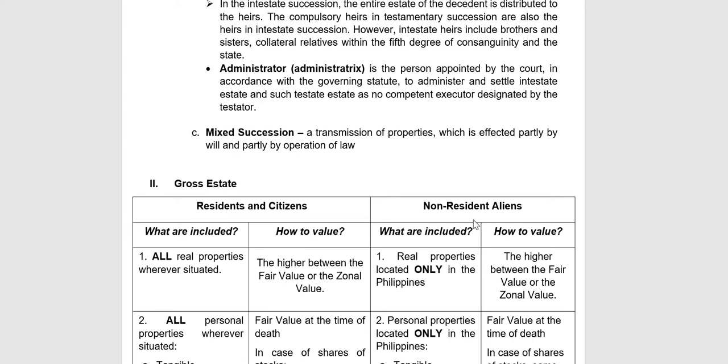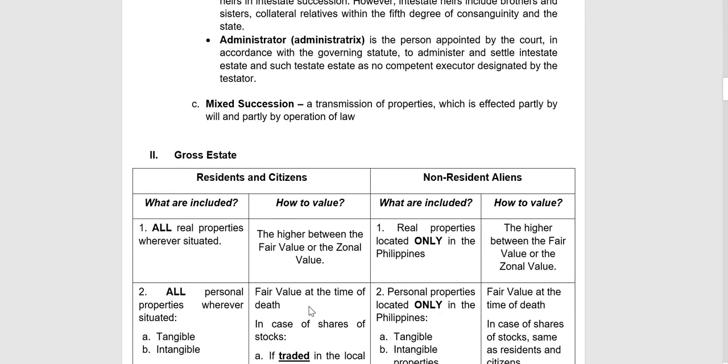And sa non-resident alien naman, real properties located only in the Philippines. So how to value? So real properties are valued at the higher between the fair market value or the zonal value. Okay? So whichever, normally basta inclusion, but normally whichever is higher. Kasi tax base yun, di ba?